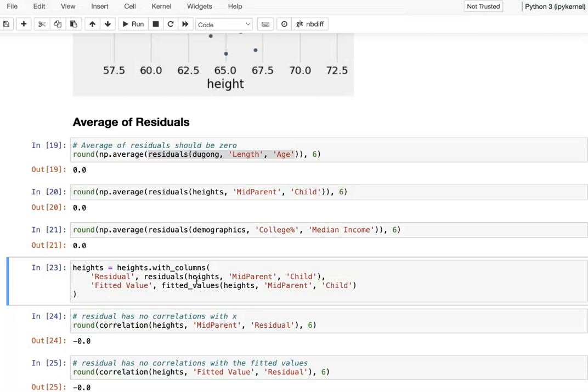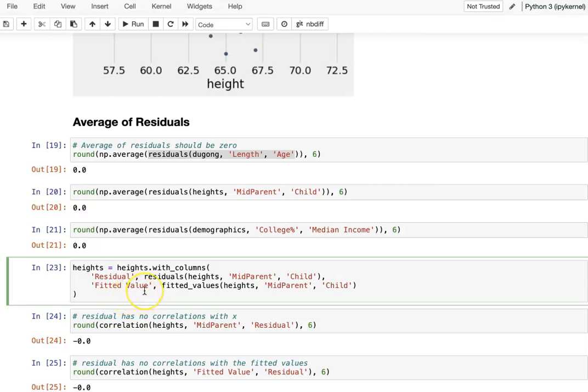And remember we told you, your residual also has no correlation with your x and no correlation with your fitted value, which is your estimated y. So we use our height example, with the parents' height and children's height. We find our residual and our fitted value.